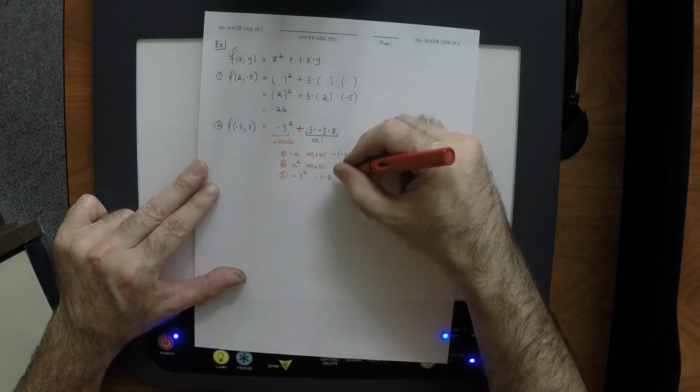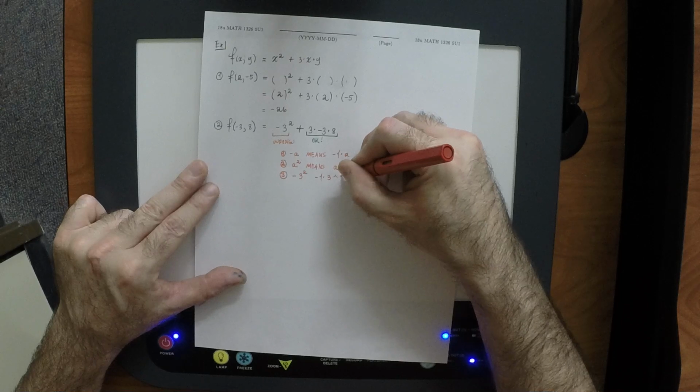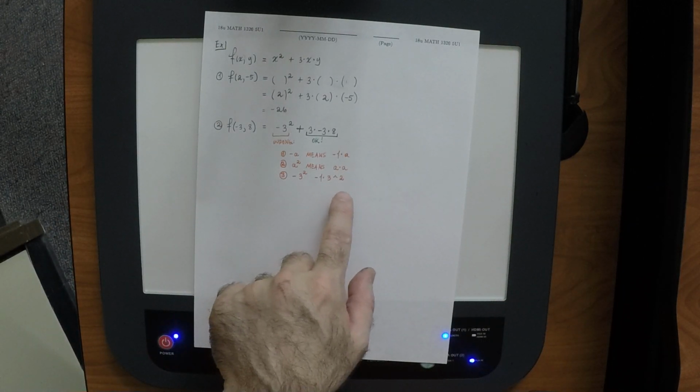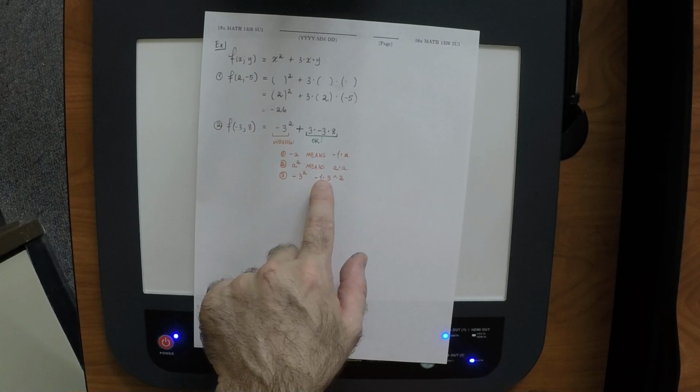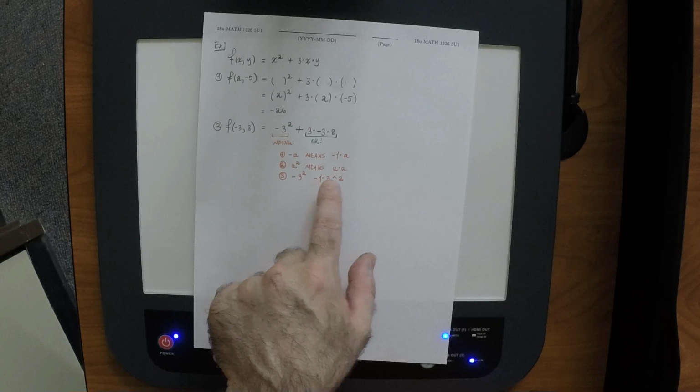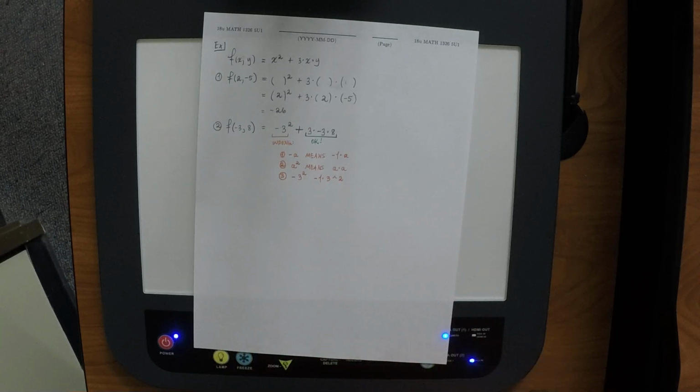Caret, right? So that's how this parses. So we've got two operations here. We've got multiply and exponent. Which one occurs first? The exponent, right? Because of the order of operations.